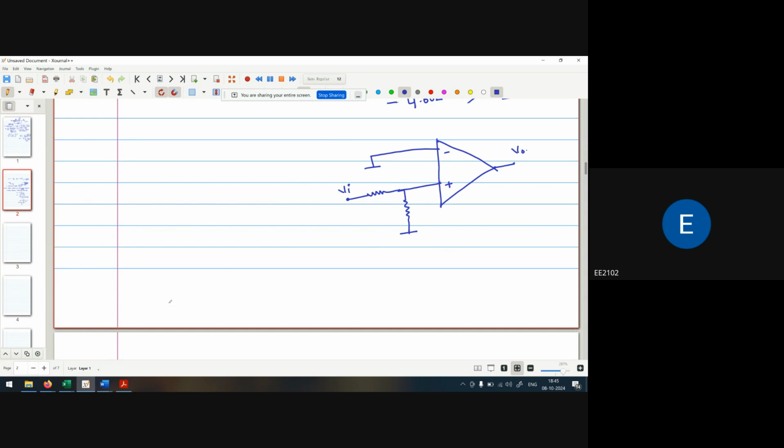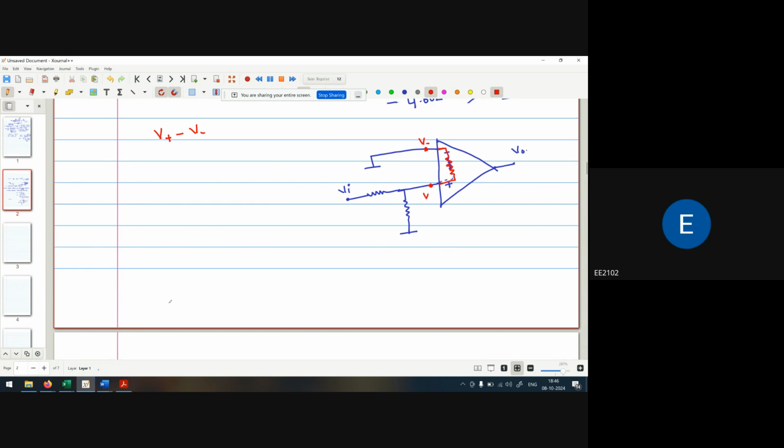Basically, if I draw the internal diagram, it is a resistance. And at this point of these two resistances is basically called the V plus and V minus. This voltage is V minus because it is in the negative terminal.